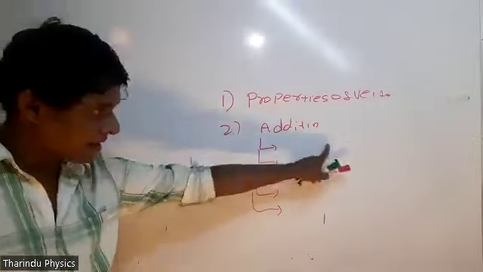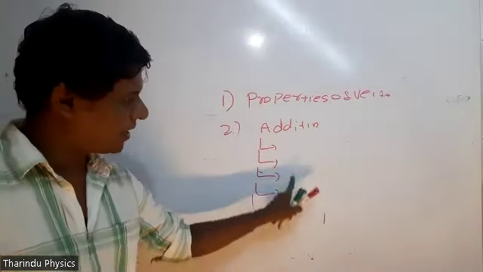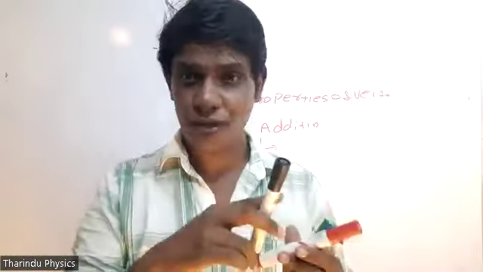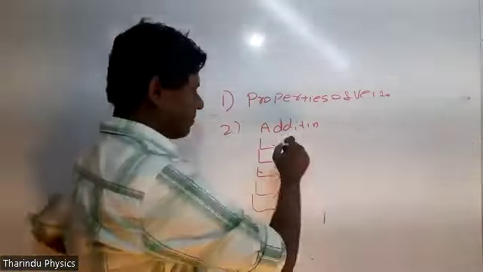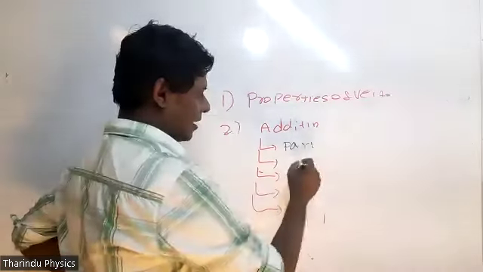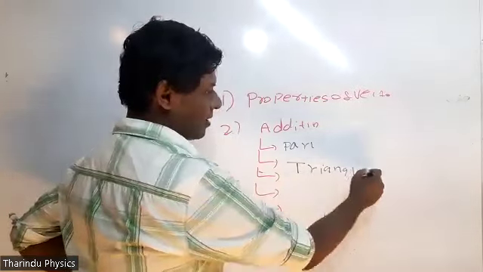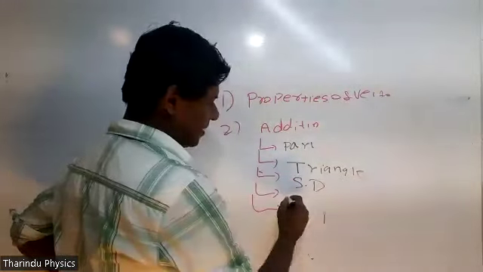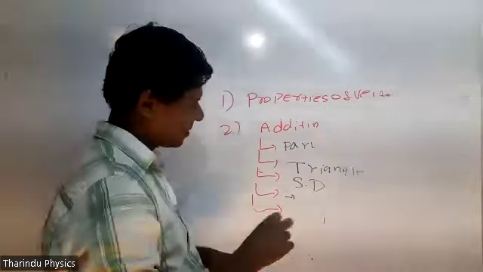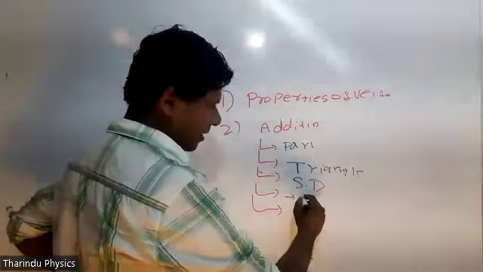The first one is the parallel vectors. All the other 4 are going to be slanted vectors to each other. First is the triangle theory and scale diagram. Here it is going to be parallelogram.